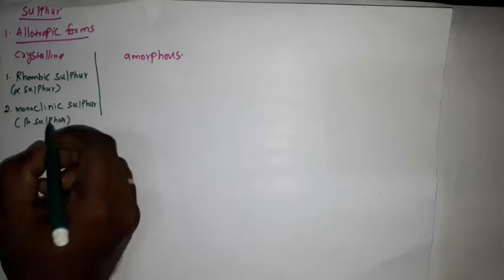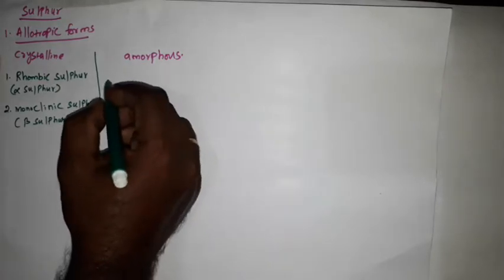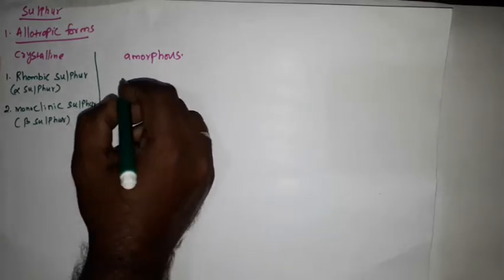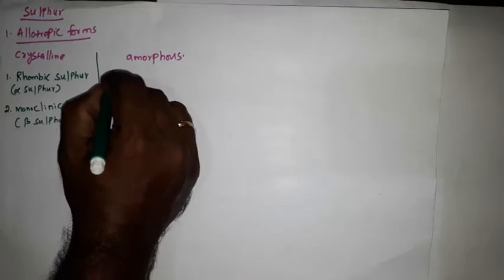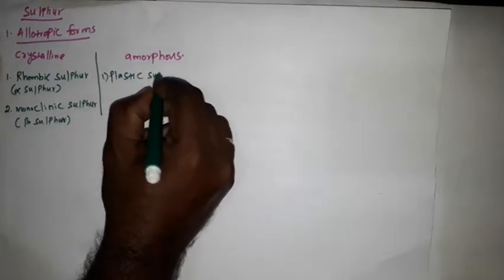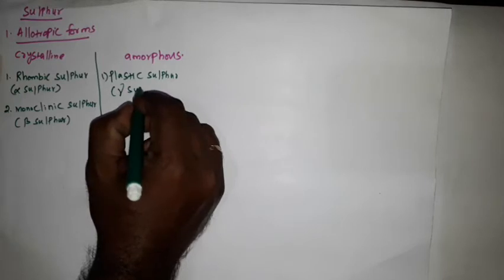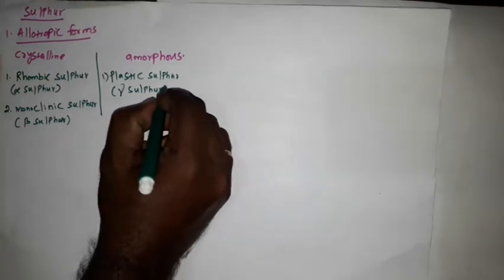This is called beta sulfur. Whereas in the amorphous form, there is only one type, that is plastic sulfur, that we are calling gamma sulfur.